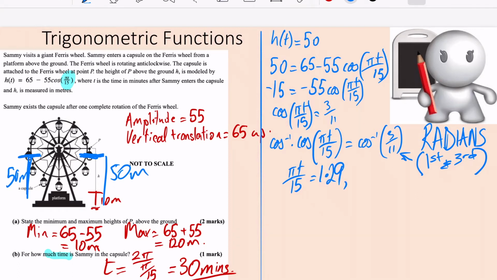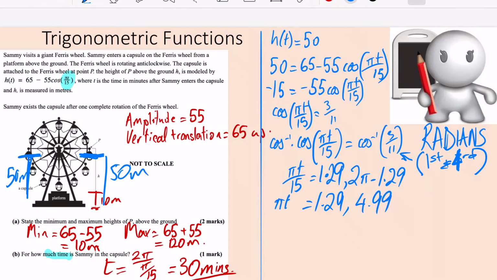Cos is positive in the fourth quadrant. Now how do I measure angles in the fourth quadrant? Well, I do 360 minus, but in this case, because it's radians, it's 2 pi minus 1.29. So the two answers that I'm after are 1.29 and 4.99.